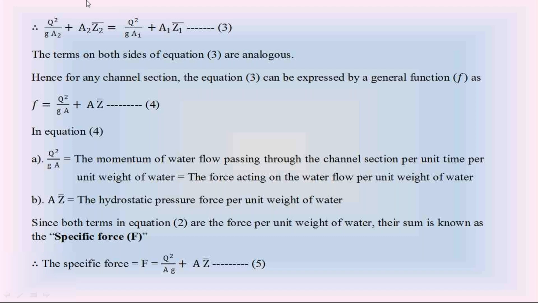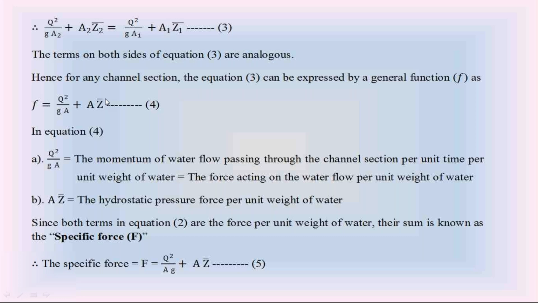So in this equation 3, q square by gA is a force per unit weight of water, A Z bar is also a force per unit weight of water, and this summation, q square by gA plus A Z bar, is known as the specific force.